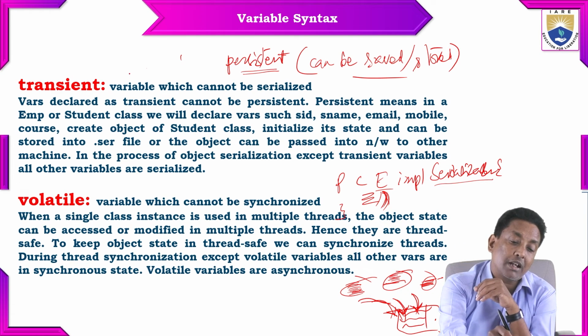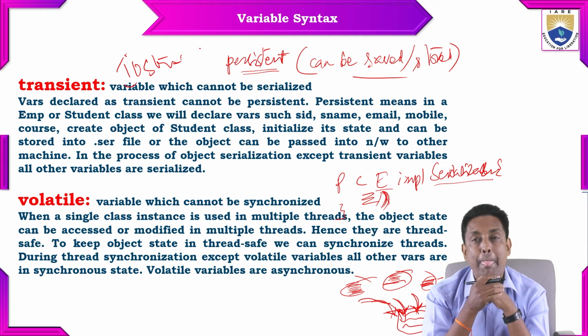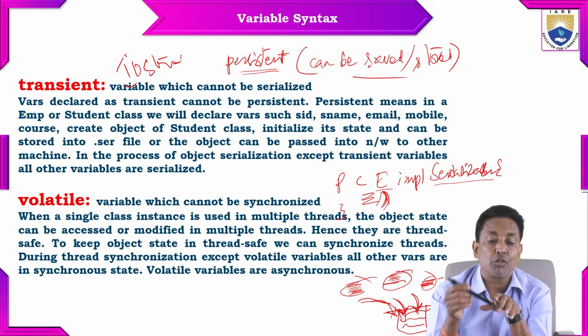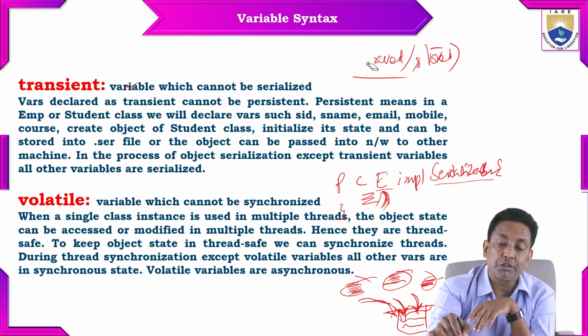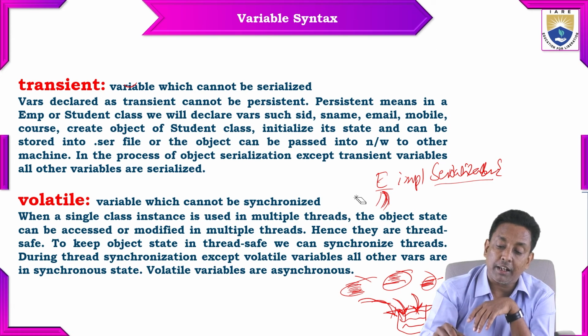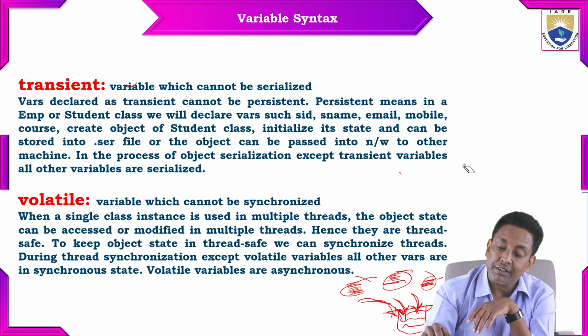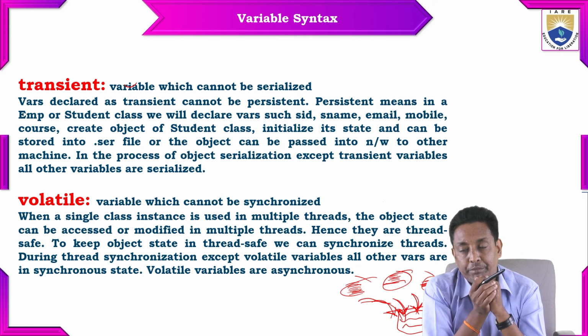We'll discuss more about transient in the IO streams topic. And coming to volatile, I won't discuss volatile much here because volatile is used in threads, multi-threaded programming. Generally, in threads, we synchronize the objects so that the entire instance state in the object also gets synchronized.